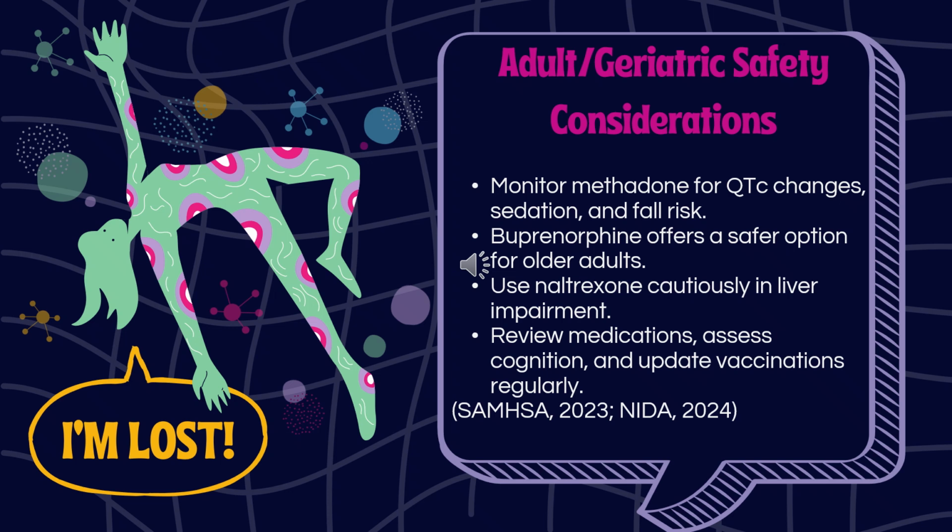Naltrexone should be used carefully in patients with liver disease due to the risk of hepatotoxicity. For all geriatric patients, it is important to perform regular medication reviews to check for interactions, screen for cognitive changes, and ensure vaccinations are current. These proactive steps reduce complications and support safe, sustained recovery.